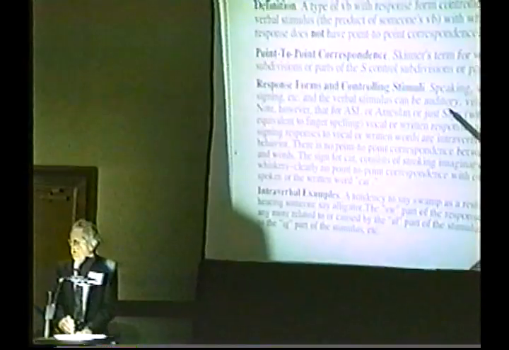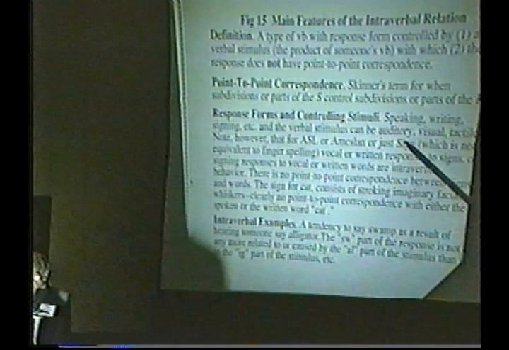No parts of this are related to the C any more than they are to the A or to the T. So all words-to-signs relationships, or vice versa, signs producing words, are interverbal responses, not any of the ones that involve point-to-point correspondence. The response forms and the controlling stimuli can be almost anything, except they do have to be verbal stimuli.